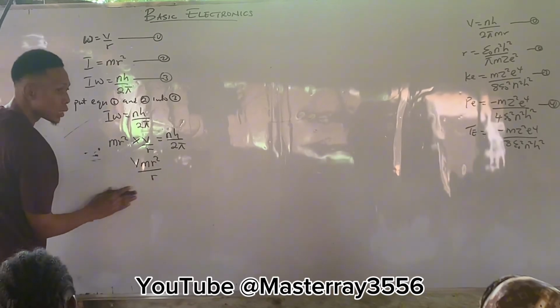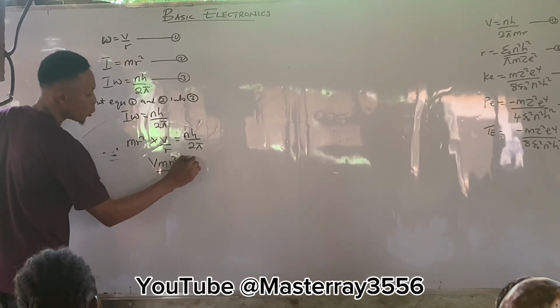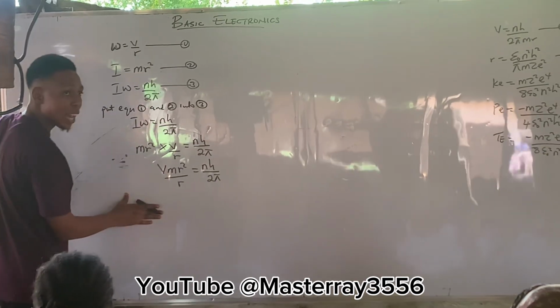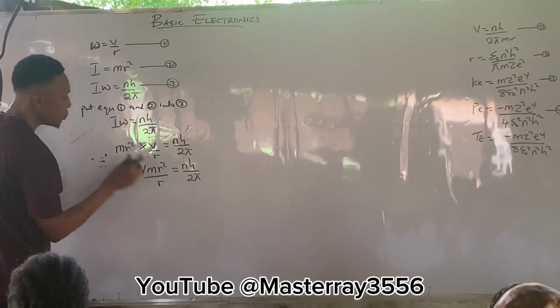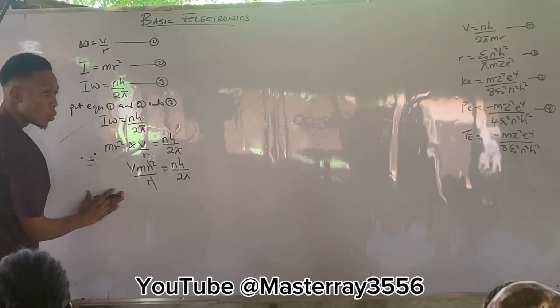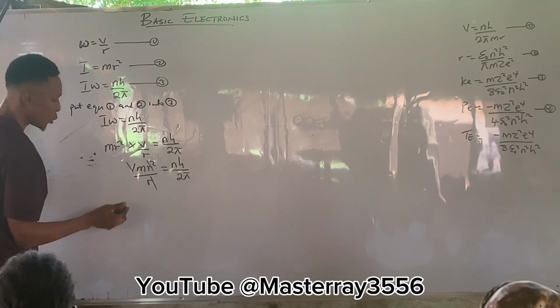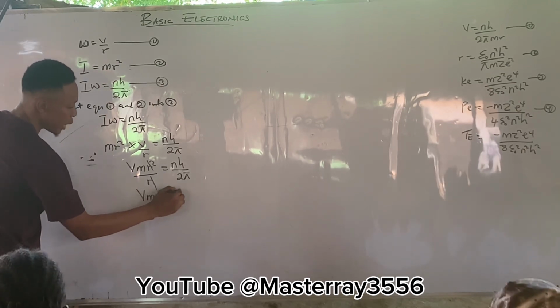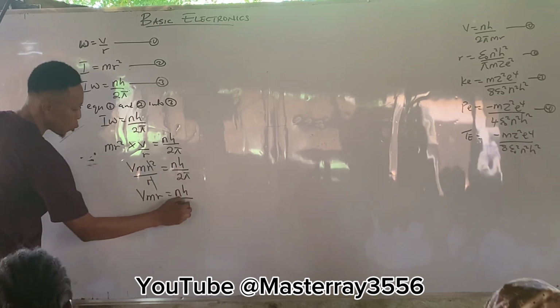So over R equals nh over 2pi. Am I too fast? From here, these can cancel out. How many R will be left there? We will be left with one R. So from there, it becomes Vmr equals nh over 2pi.